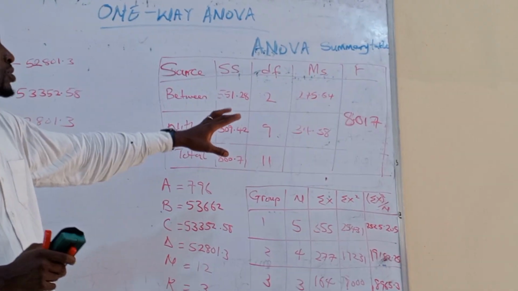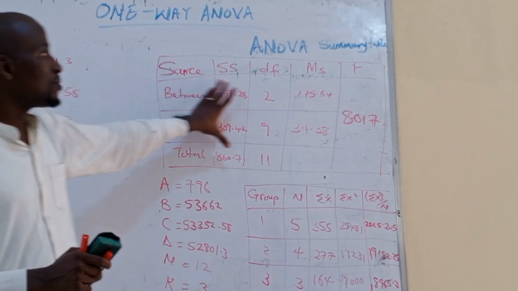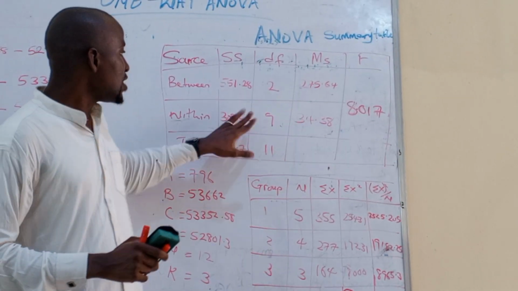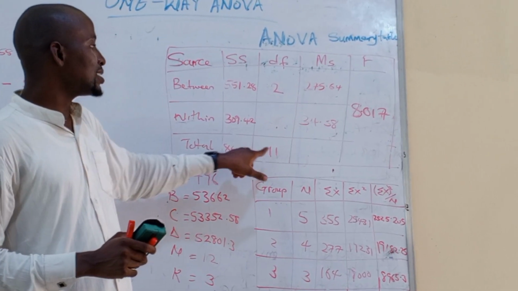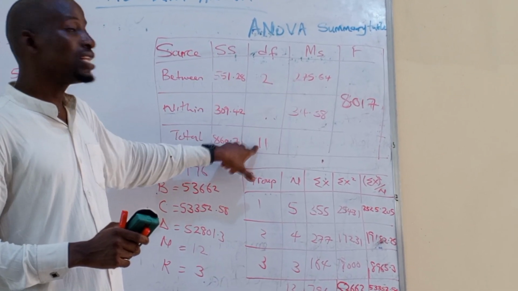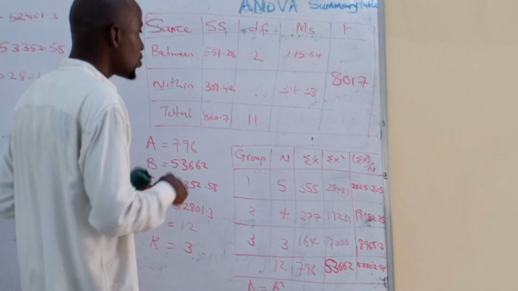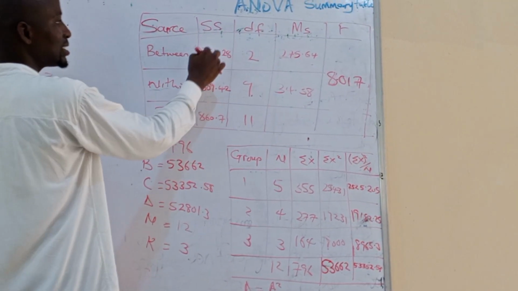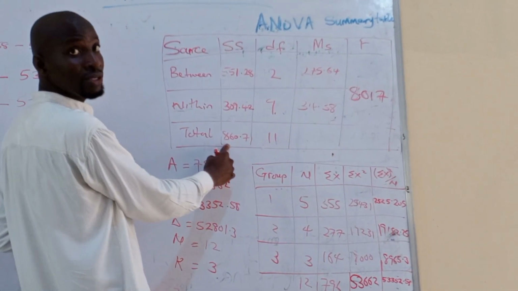So by implication, with this one way ANOVA summary table, if this is missing, you can easily get it. It will be 11 minus 2, and that will give us 9. If this is missing, it will be this plus this, and this will give you this.